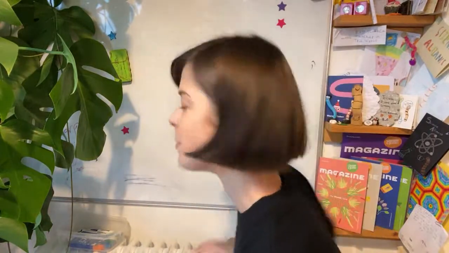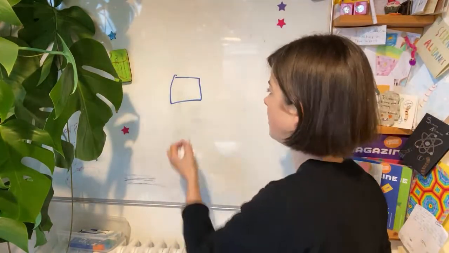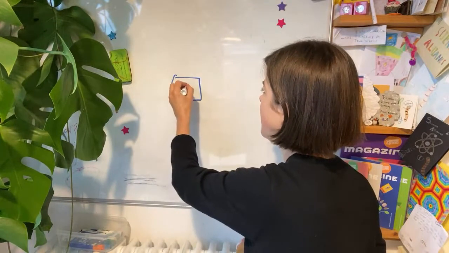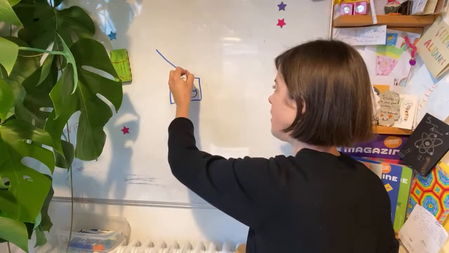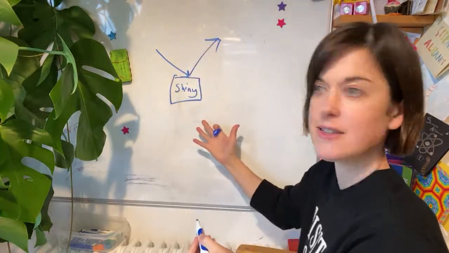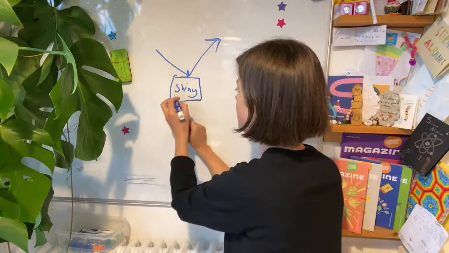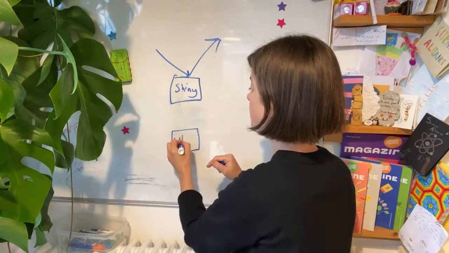This is quite weird. Maybe I should draw a thing, because some people on Facebook were getting a bit confused about this. So here's a square and it's shiny. Infrared radiation shines onto it and then it just bounces off again. It is reflected. And the same thing happens with white things.